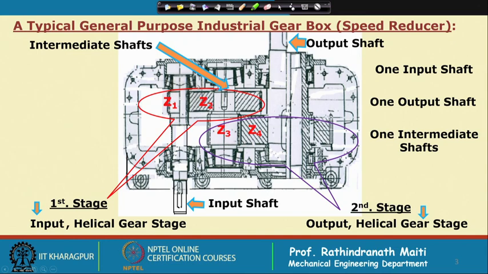This is supported by bearings, so selection of the bearings, and then we have to put the keyways, and finally the housing. This is the bottom housing shown; the top housing is removed for this gearbox.